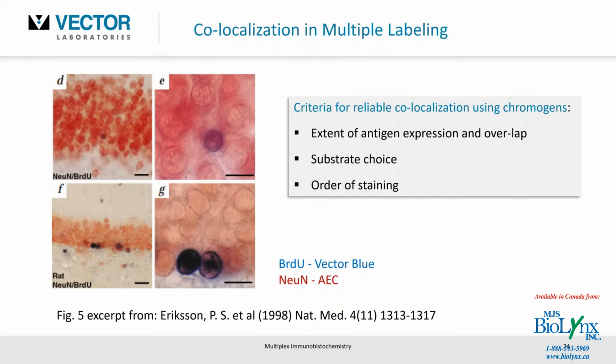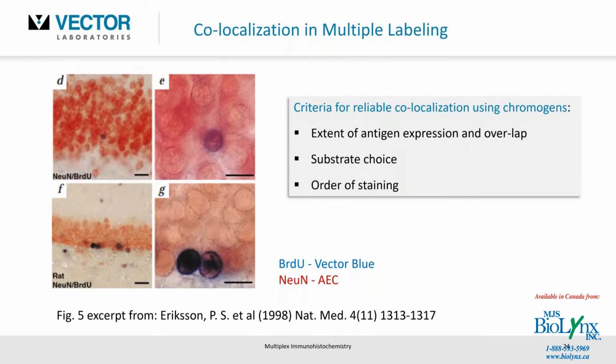The other point would be substrate choice. There are two choices here, one's peroxidase, one alkaline phosphatase. They do have different physical characteristics and kinetics. They do precipitate out in a different way, and it's referred to as the substantivity of it. I referred to that a little earlier about some of the precipitating characteristics of peroxidase versus alkaline phosphatase.